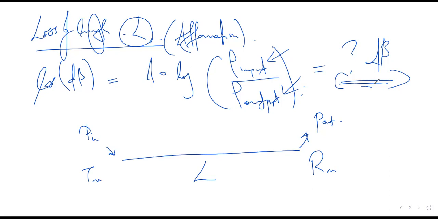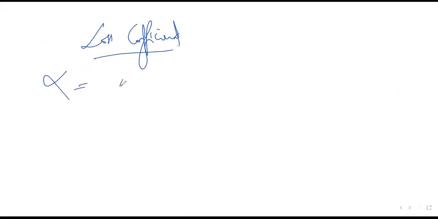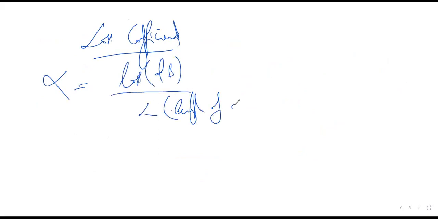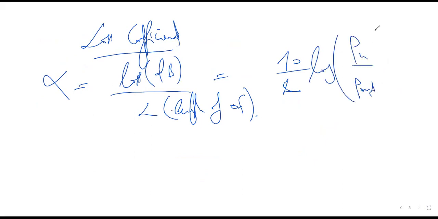Now, that is loss. We also have what we call the loss coefficient alpha, which is equal to the loss in decibels over the length of the optical fiber L. So this is 10 over L log of P in over P out.